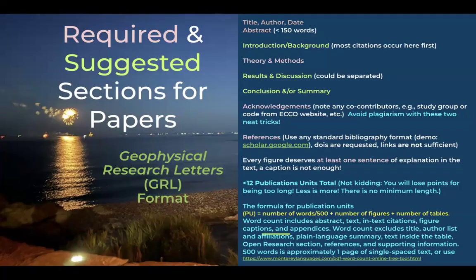Then theory and methods. I added this one in red because a lot of people were not telling me exactly what you did in comparison to the class work. The theory and methods is where you say, this equation shows the hydrostatic balance. We're examining the hydrostatic balance in this paper by, we found a pressure like this and we found gravity like this.